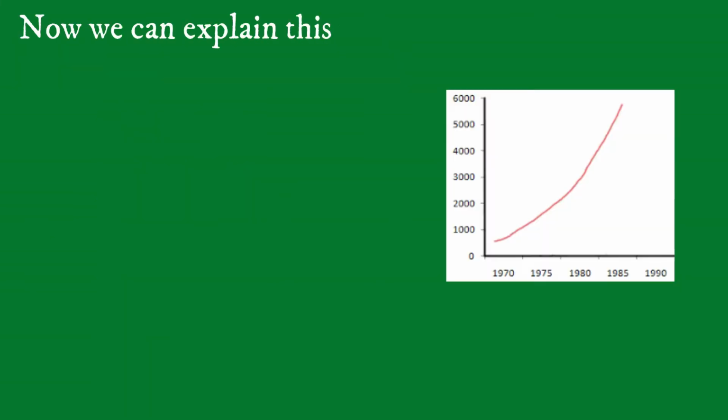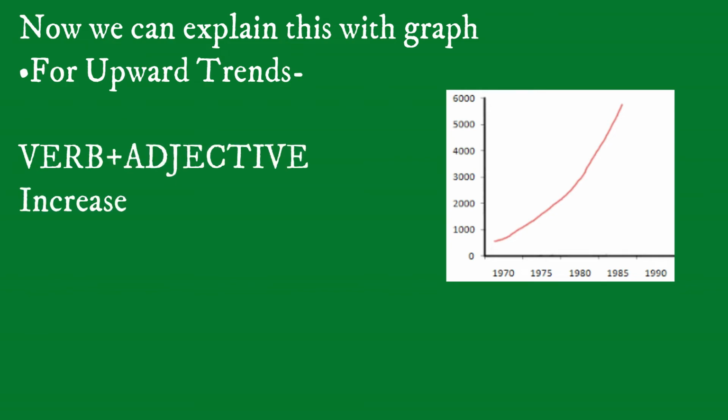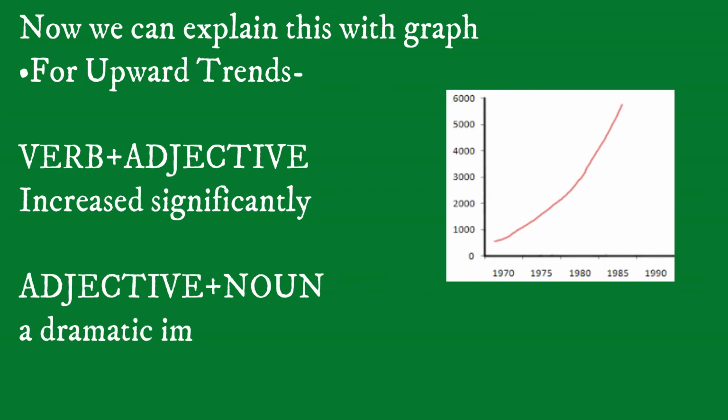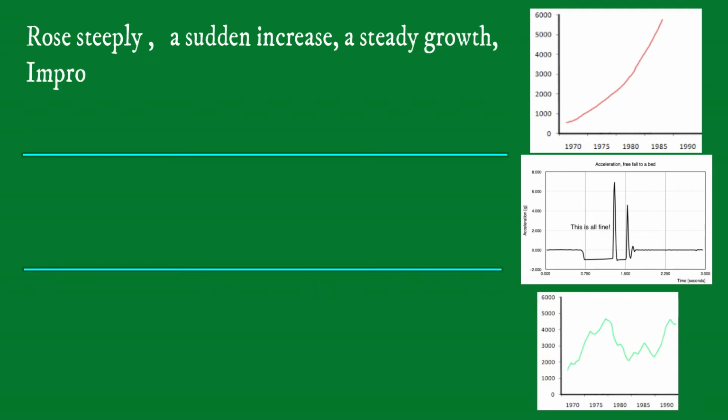Now, we can explain this using graphs. For this graph below, you can use increase significantly or a dramatic improvement. For this graph, you can use rose steeply, a sudden increase, or improve considerably, a steady development.